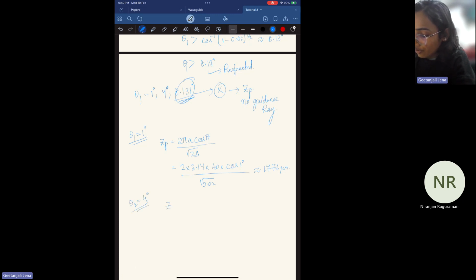So we can use the formula zp equal to 2 pi a cos 4 over root of 2 delta. So just put the values of a and delta. This is 40 cos 4 over root of 0.02, and this will come around 72 micrometer.